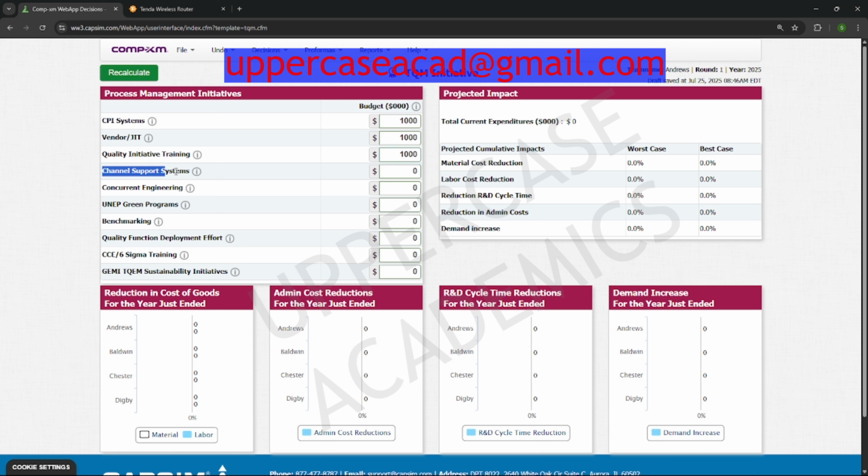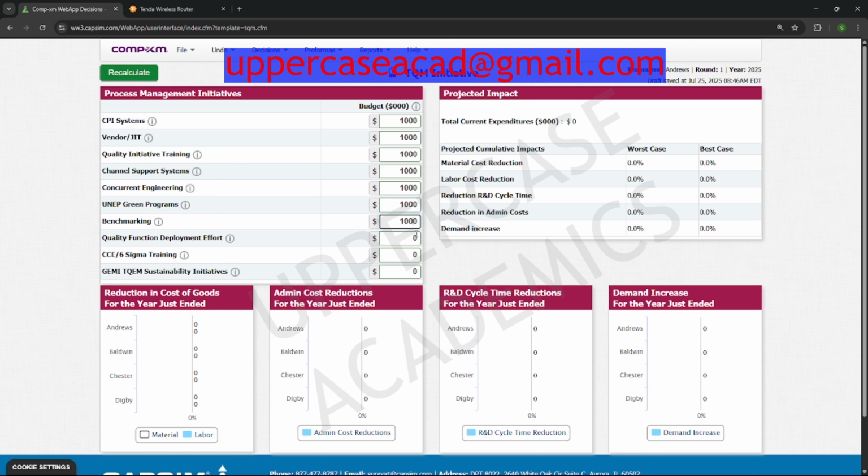The channel support systems will aim at increasing the demand of my products, and you know that high demand means high sales. Concurrent engineering will aim at reducing my R&D cycle time, so that the products will come out earlier, and if they come out earlier, they'll give me enough time to make sales. The UNEP green will focus on reducing material cost and increasing the demand. Also, I want to reduce my administrative costs, so I'll invest in benchmarking.